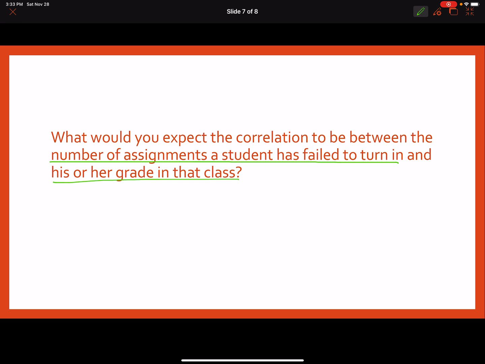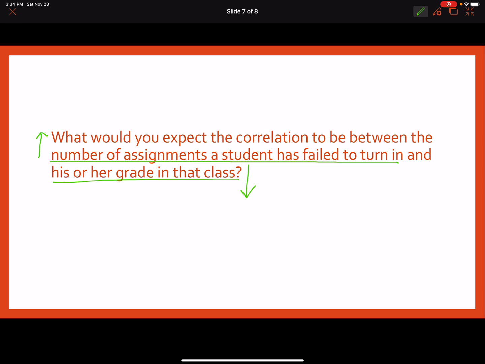If we're looking at the number of assignments a student has failed to turn in, let's say that variable is increasing, then what would happen to his or her grade in that class? Would your grade increase as well as you have more and more missing work, or would your grade decrease?